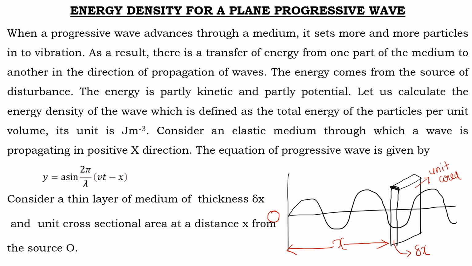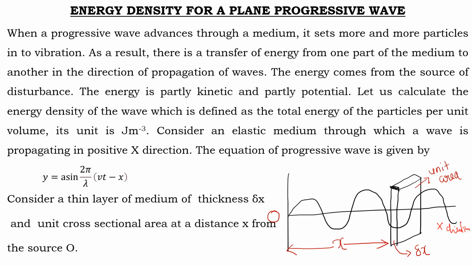For that we are considering an elastic medium through which a wave is propagating in the positive x direction. And in the figure we can see the wave originates from the point O and it propagates in the positive x direction. This is the x direction.